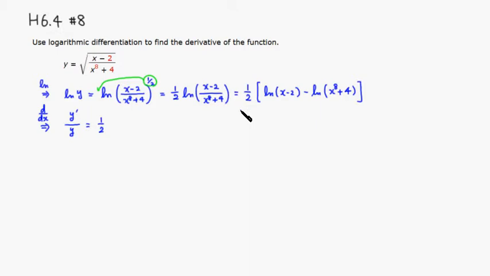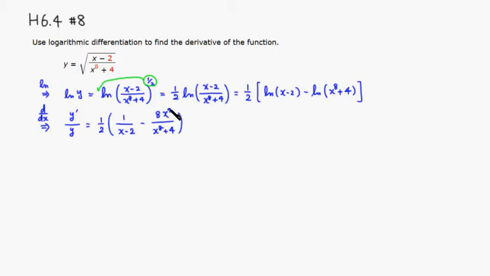The derivative of natural log of x minus 2 is x minus 2 on the bottom and the derivative of that on top. Then the derivative of the next term is negative, with x to the 8th power plus 4 on the bottom and the derivative on top, so 8x to the 7th power.